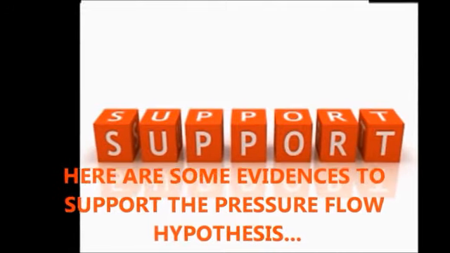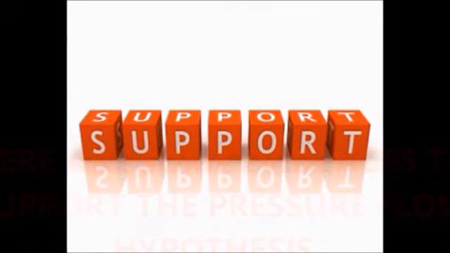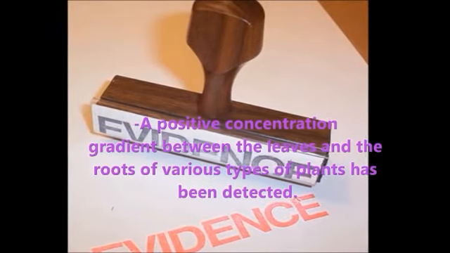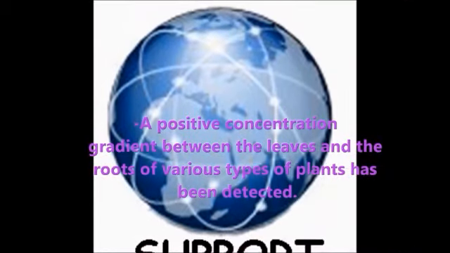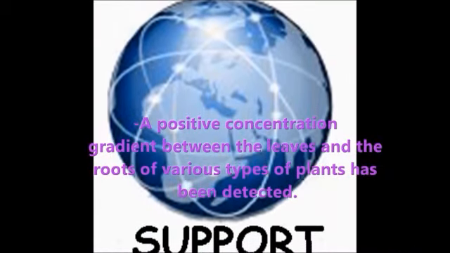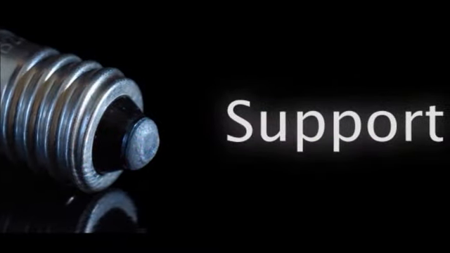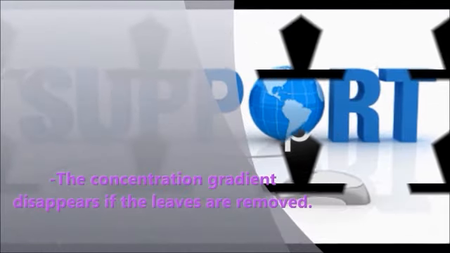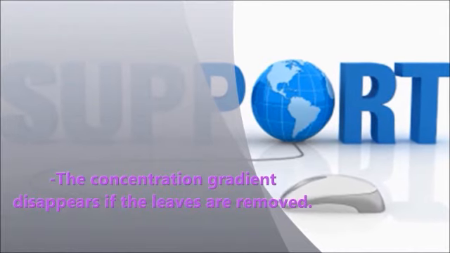Here is some evidence to support the pressure flow hypothesis. A positive concentration gradient between the leaves and the roots of various types of plants has been detected by scientists. The concentration gradient disappears if the leaves are removed.